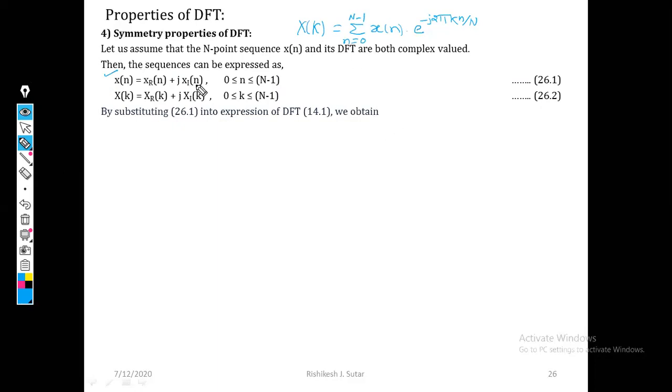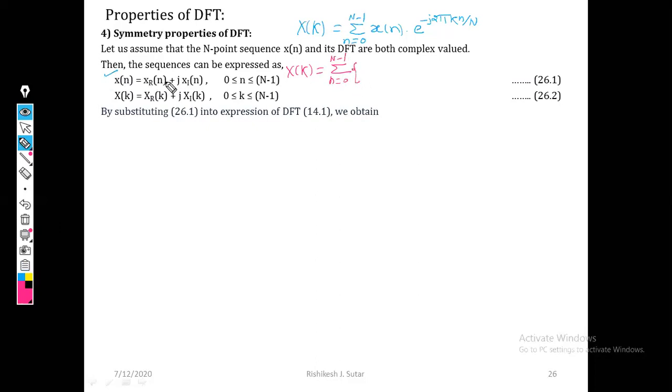If we substitute this value of x of n in this expression, what I can write further is x of k equals summation n runs from 0 to N minus 1.